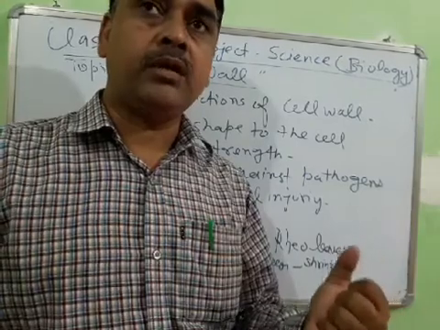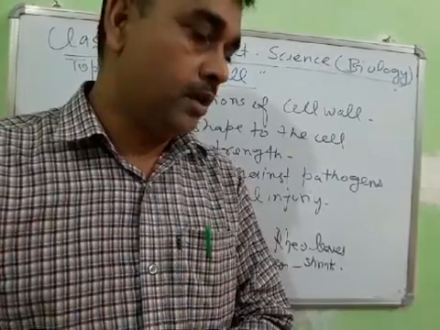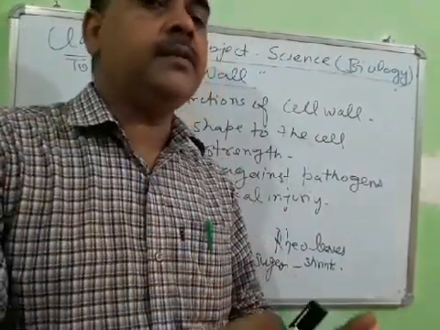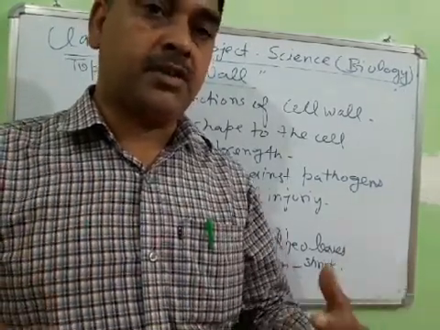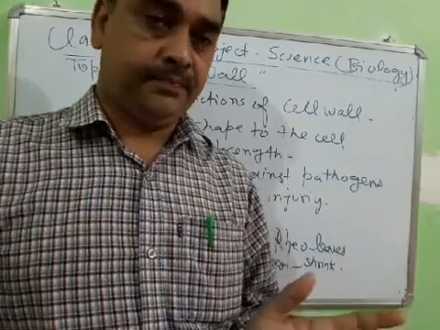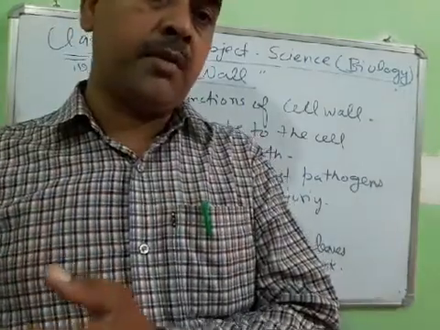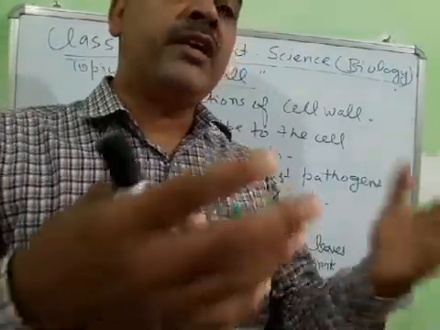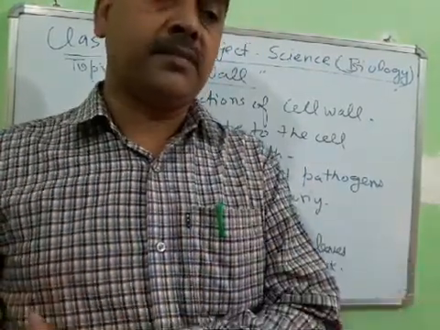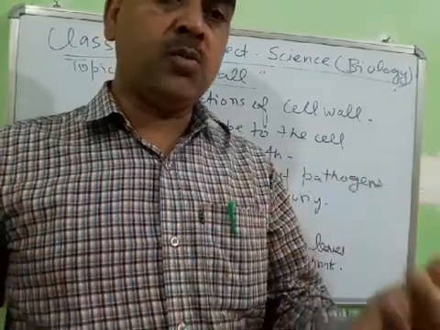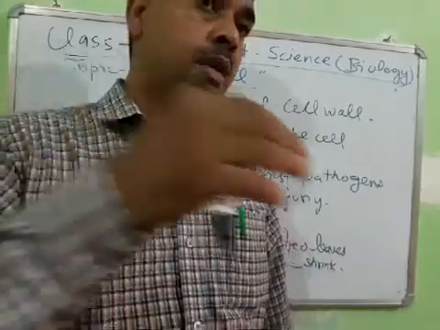Suppose these cells are placed in water only, a hypotonic solution, so water enters inside the cell and they swell up, but do not burst, because this is the cell wall, and it protects the external environment from the internal environment, so the entering of water will be stopped and the cell does not burst. So endosmosis protects the cell from bursting due to the entering of water from outside to inside the cell.